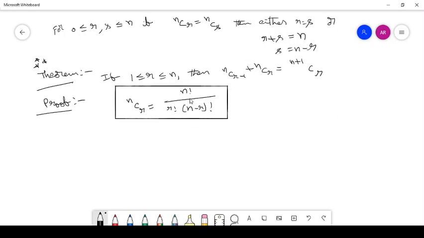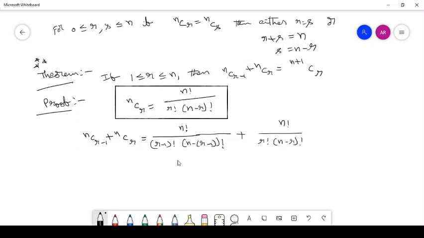Take the LHS: nCr-1 plus nCr. By using this result, nCr-1 is n factorial by (r minus 1) factorial into (n minus (r minus 1)) factorial, plus nCr, which is n factorial by r factorial into n minus r factorial.